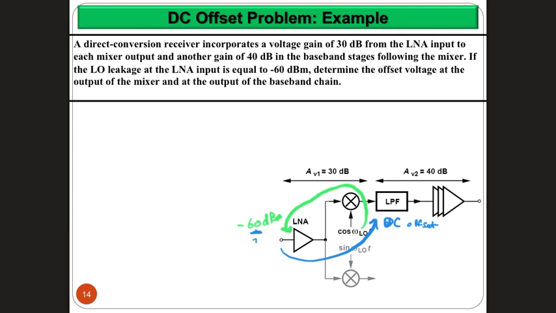You have minus 60 dBm at this point. Simply, you need to figure out the voltage amplitude of this signal that leaked back. This is represented here by dBm. You need to represent it as the amplitude of a cosine. Then, using the amplification factors that you have here, you can figure out the DC offset at the output.